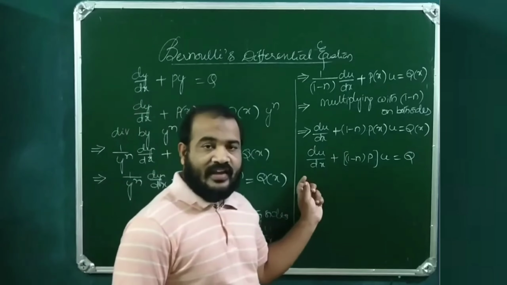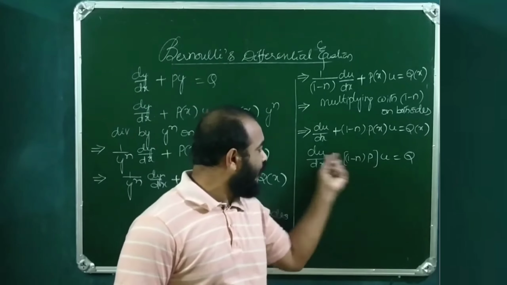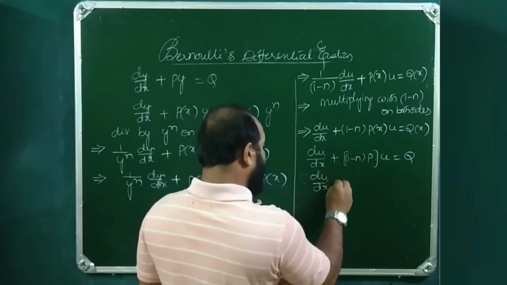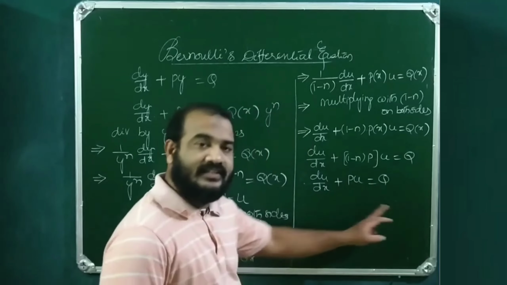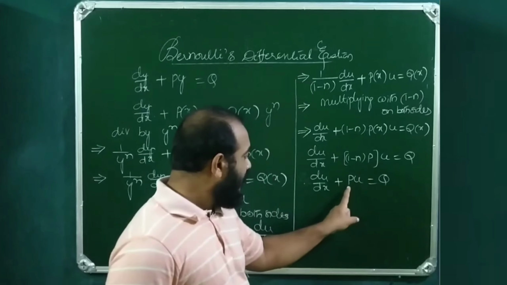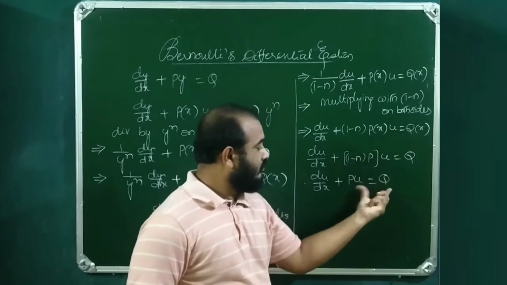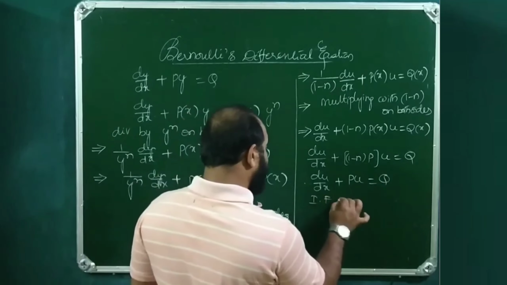So now this has become the linear differential equation in u. This is of the form du by dx plus pu equals to q, a linear differential equation, where p comma q are in terms of x only. Therefore, what is the integrating factor for this?